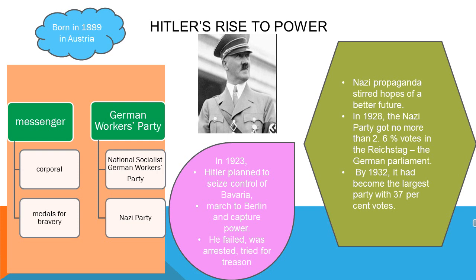In 1928, the Nazi Party got no more than 2.6% of the votes in the Reichstag, the German parliament. But by 1932, it had become the largest party with 37% of the vote.